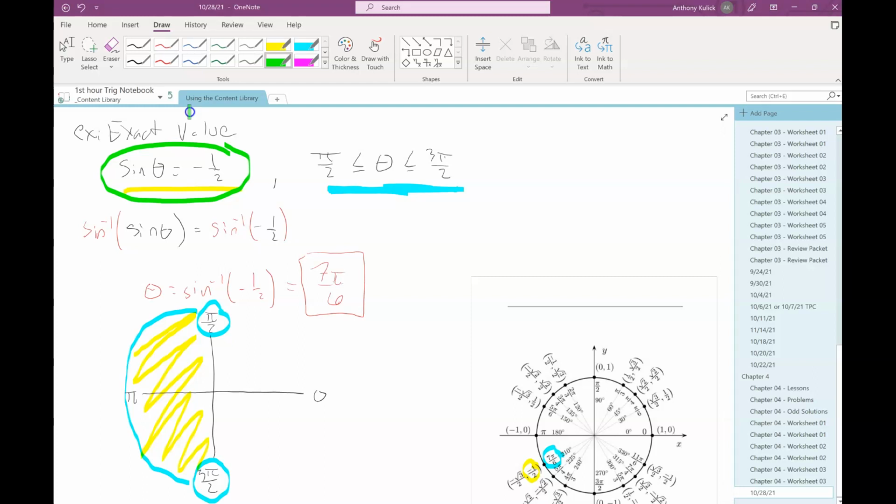So to solve this equation, where our answer is between these two values, we can get answers that are not inside of the range of sine inverse. We're going to use sine inverse to kind of find that value, but we can get answers that are not there. Is that okay? All right.